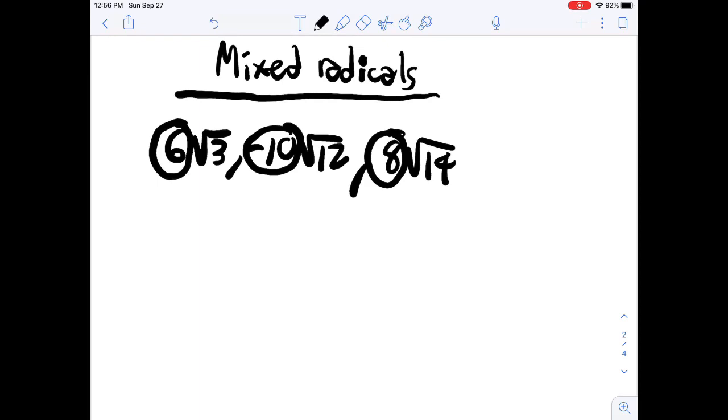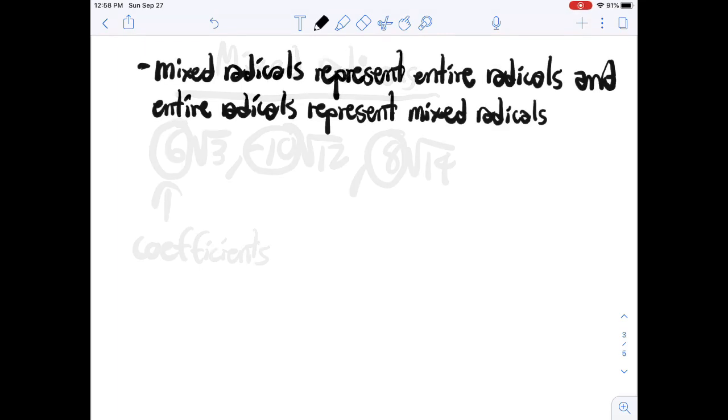And these are coefficients. Mixed radicals represent entire radicals, and entire radicals represent mixed radicals.